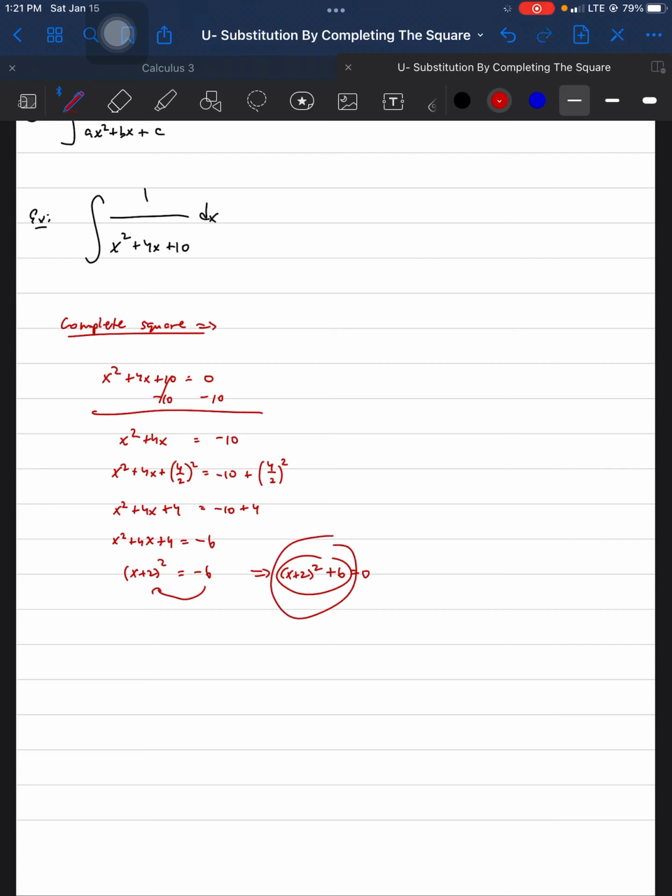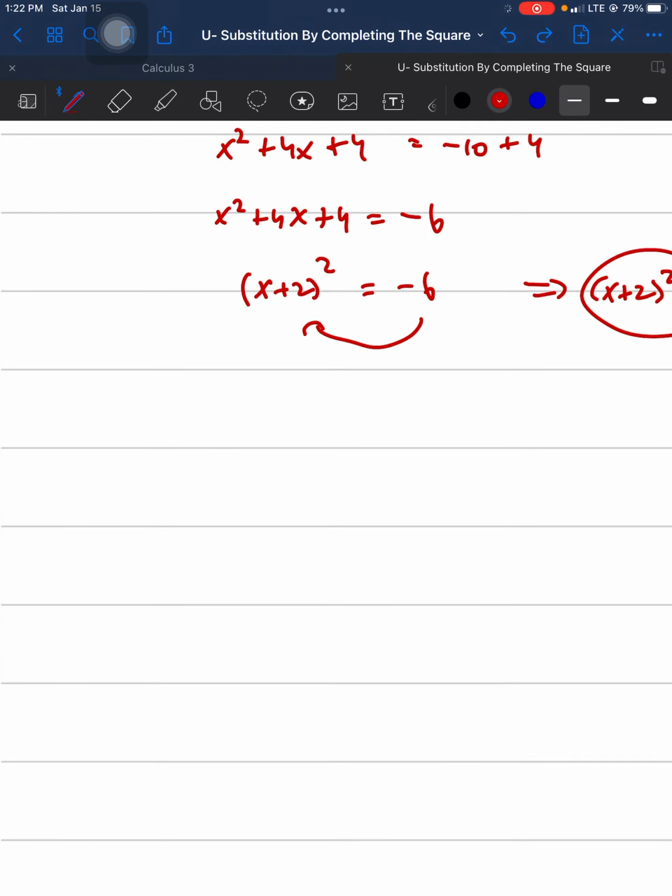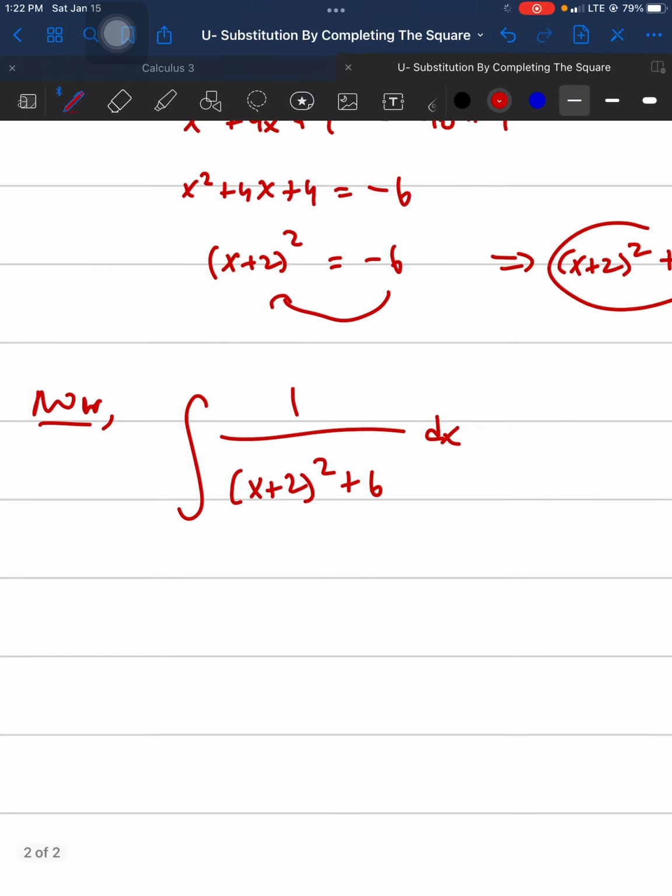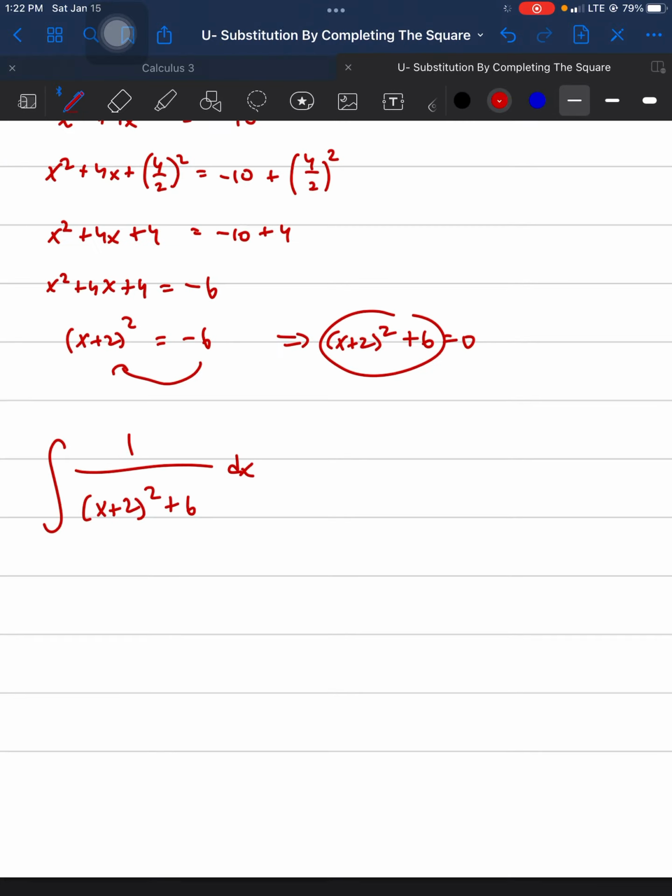So we're going to substitute whatever we got right here for the original quadratic. So now we can write 1 over (x plus 2) squared plus 6 dx.